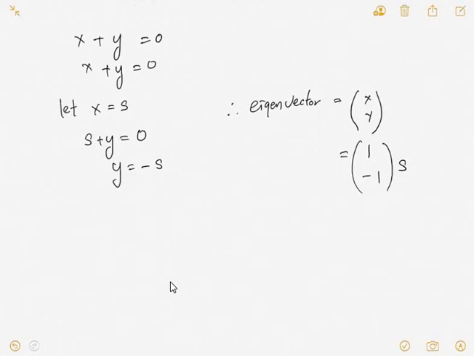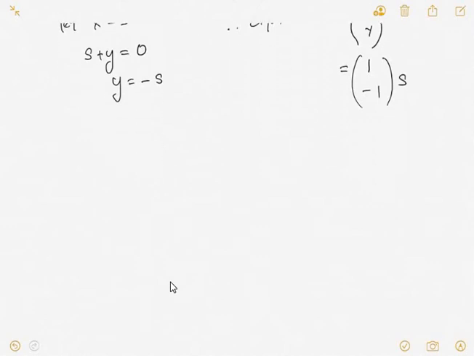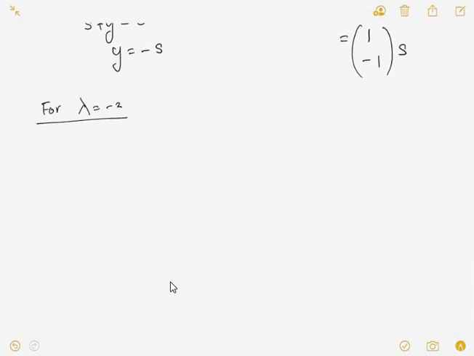Now we shall continue. Next is to find the eigenvector for lambda equal to negative 2. So negative 3 plus 2, 1, 1, negative 3 plus 2.